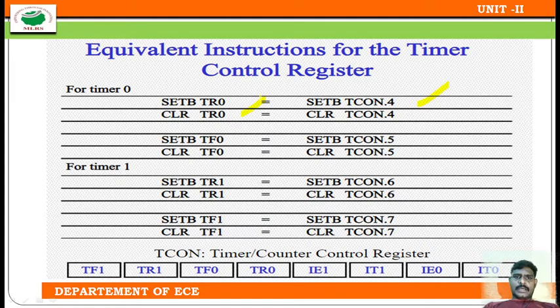Flag bits can be set or cleared, where 5 is a TCON register bit number. Similarly for timer 1, set or reset. These are a few instructions you can use to initialize individual bits of your TCON register, and you can use either of them in your program.